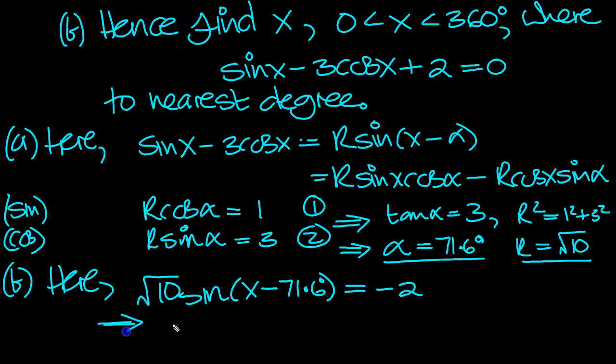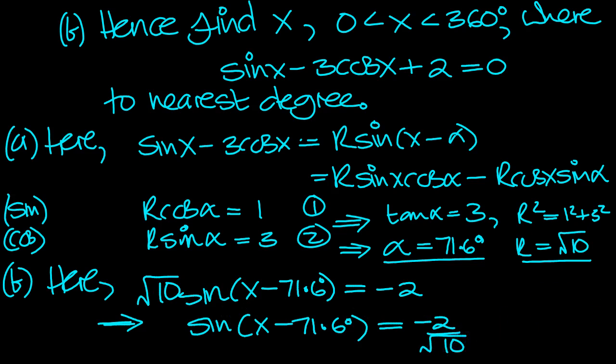So sin(x minus 71.6 degrees) is equal to minus 2, and move the root 10 down over, so over the square root of 10.